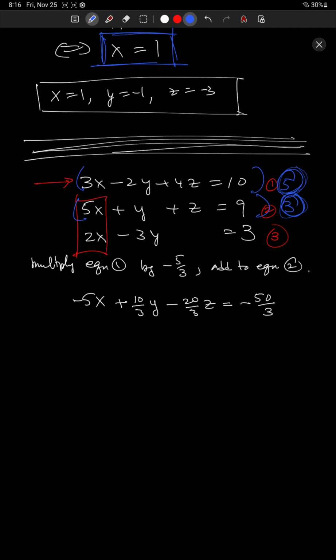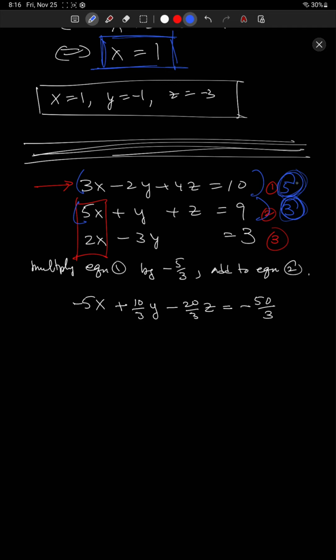So there's no reason for a computer to want to do this, okay? Number 2, this is inefficient because when I multiply the first equation by 5, how many operations do I have to do? I have to multiply this one to here, this one to here, this one to here, this one to here. All right. When I multiply equation 2 by 3, that to there, that to there, that to there, that to there, right?